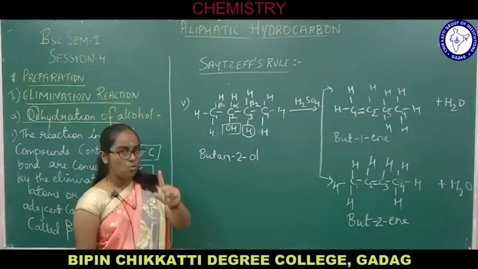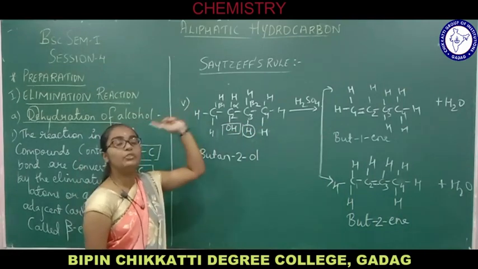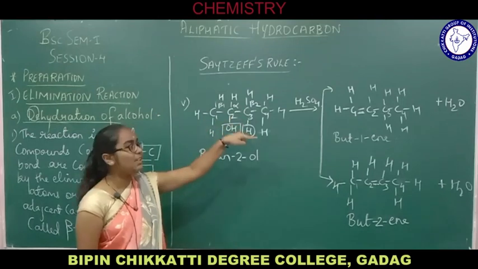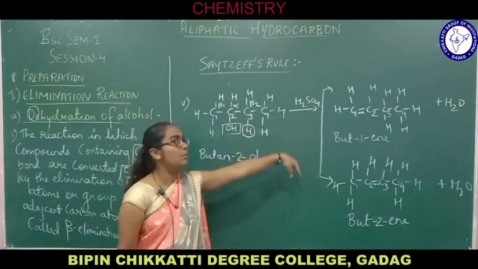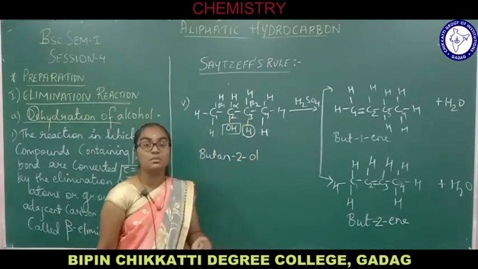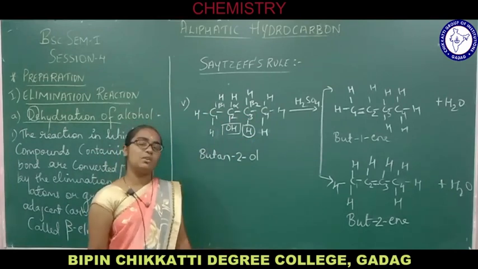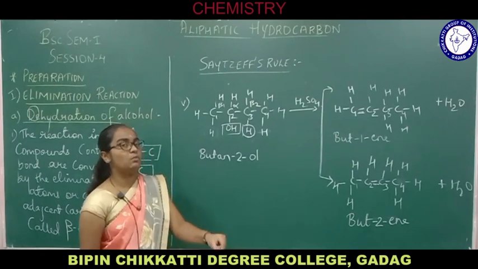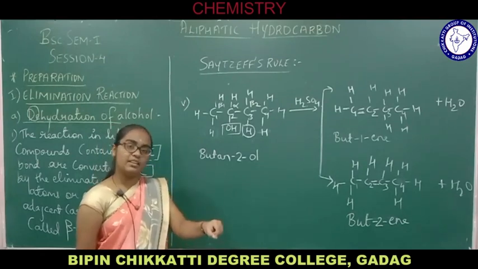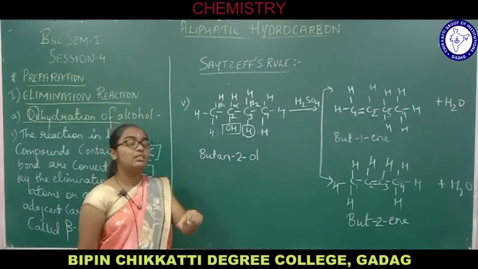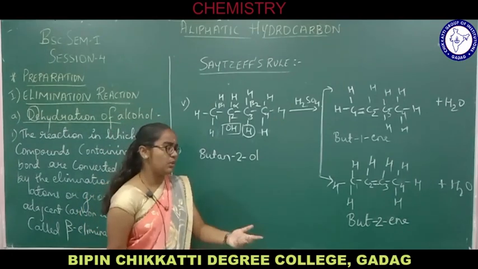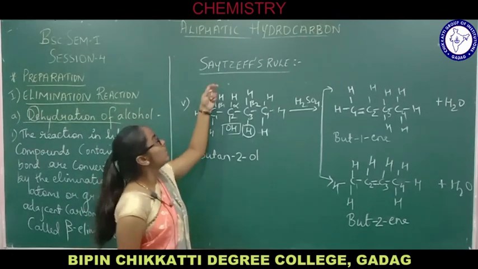There is one rule called the Saytzeff rule. This rule is applicable to predict which of these two products will be the major product, meaning the 80% product formed, and the 20% product is the minor product, or the lesser proportion product.